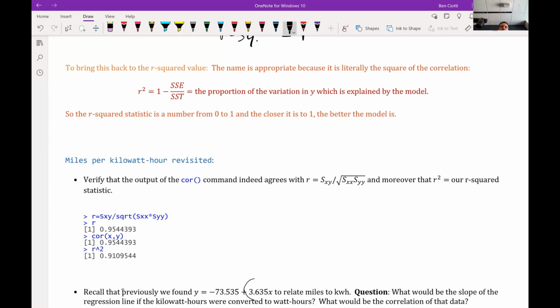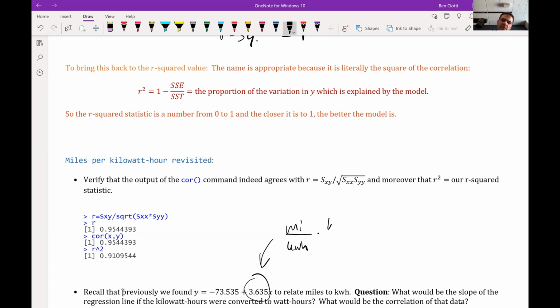So the original slope was 3.635, and that was in miles per kilowatt hour. Torp? Sorry? Let's see.